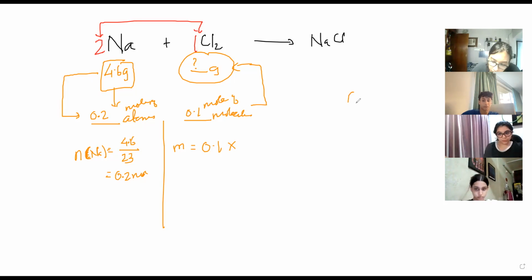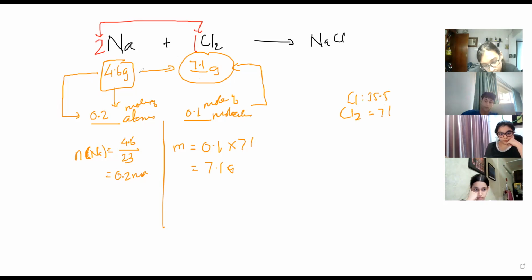Yeah, because chlorine atom is 35.5 and this is chlorine molecule, that will be 71. Okay, so this into 71. So how many grams does that make? 7.1 gram. So see, I got the answer, 7.1 gram. So this is the correct answer.